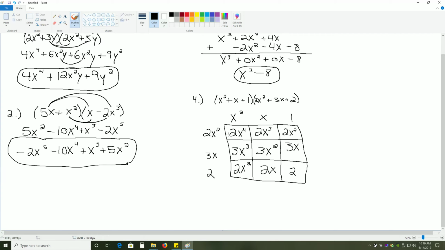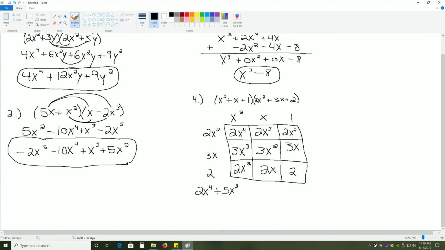So we have a 2x to the 4th. No other term has an x to the 4th. So we get 2x to the 4th. Now we have 2 terms that have an x cubed. So 3x cubed plus 2x cubed gives us plus 5x cubed.